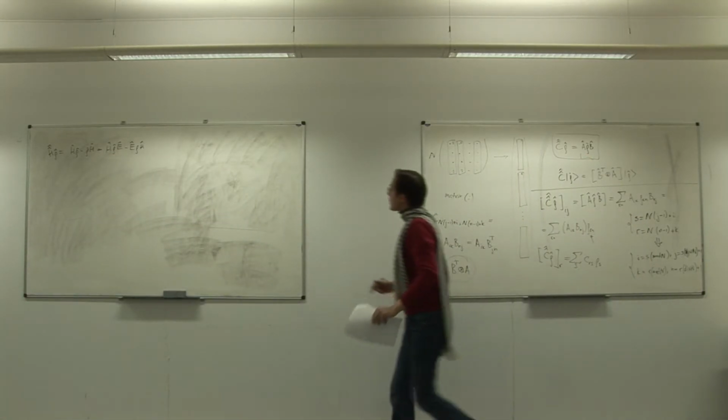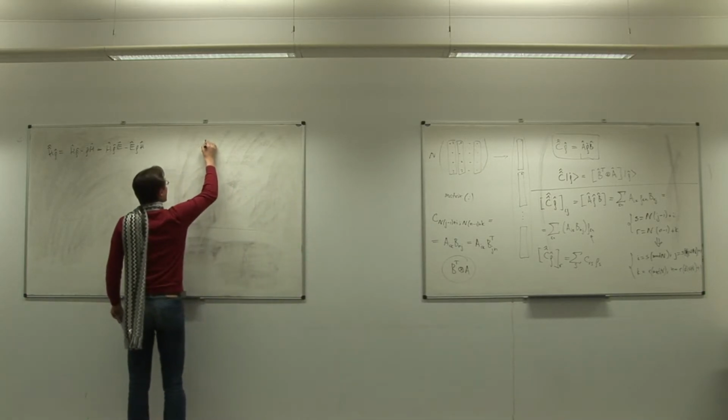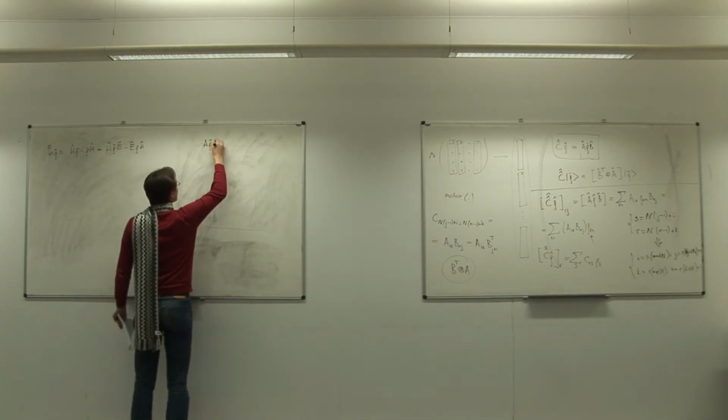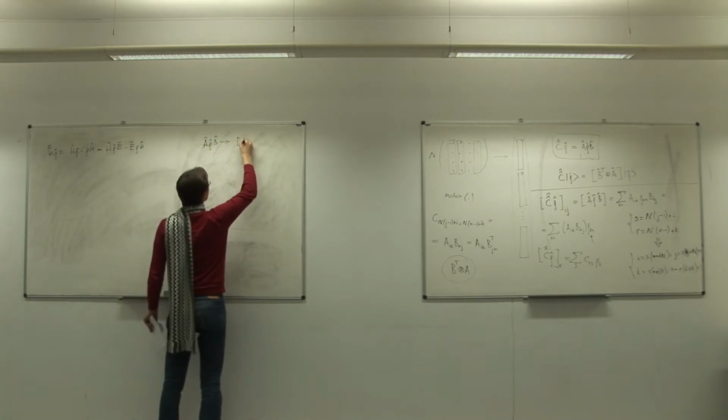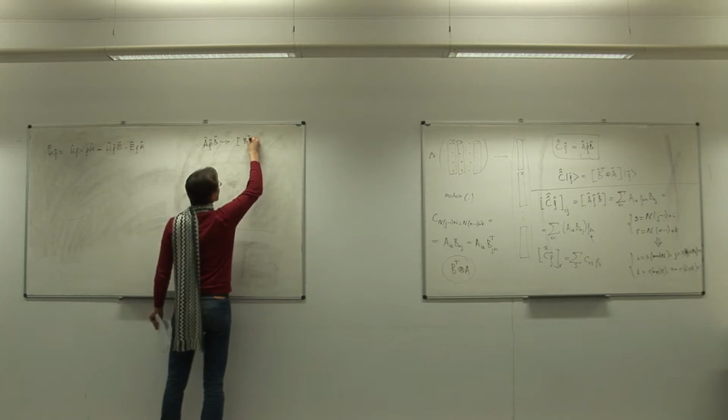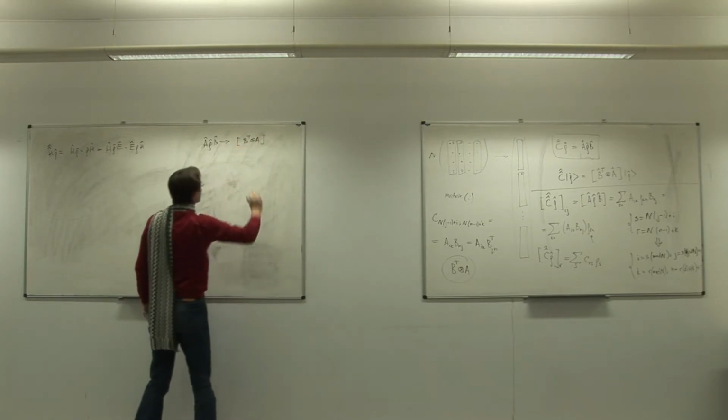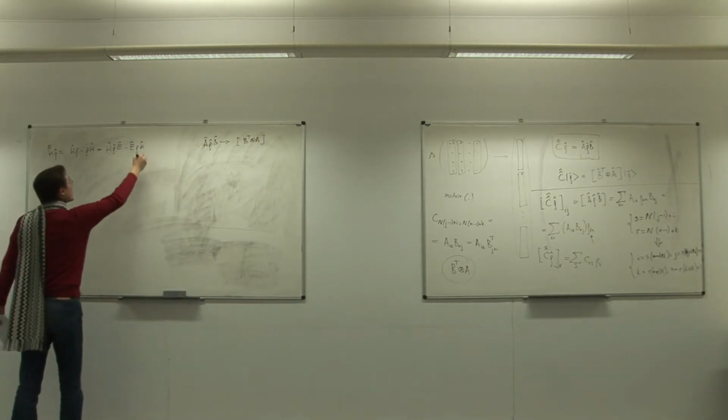So I will just rewrite that: A rho B is represented by B transpose cross A in Liouville space. Well, let's take a look at this.